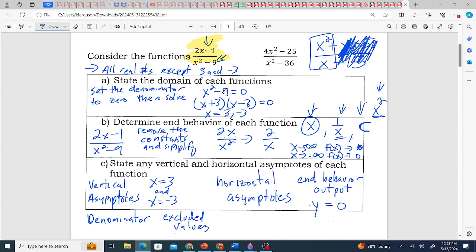So when you look at the graph, those numbers aren't going to be on it. There are invisible lines that say I can't touch those, and that's what those asymptote lines represent. They represent values that I can't use.